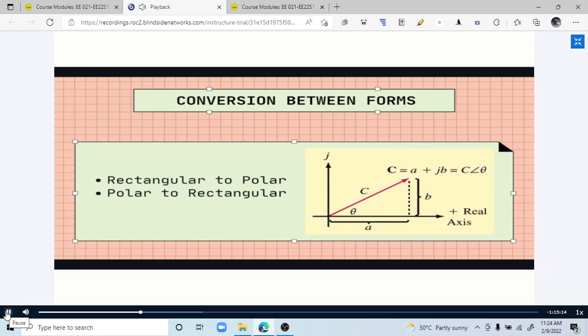A is in what side of the angle? This is our angle theta. A is what side? Is it opposite, adjacent, the hypotenuse? What is it?